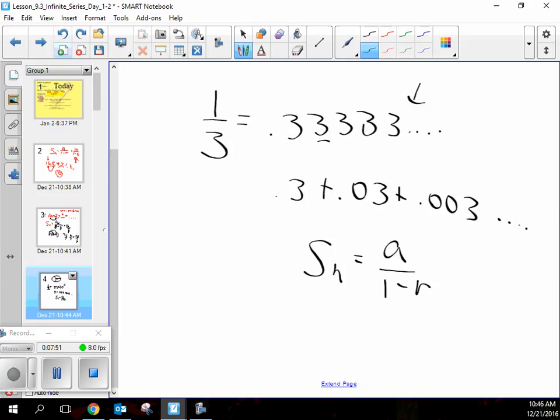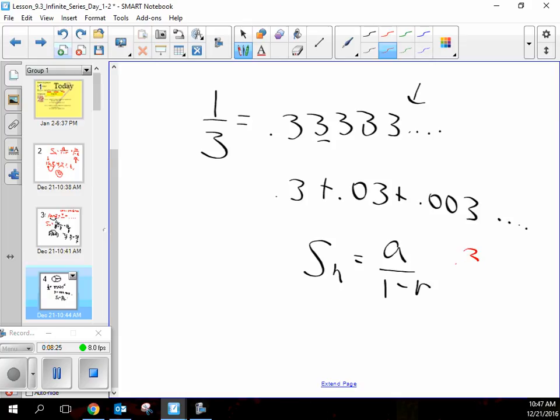Please use that to prove that 0.3 repeating really comes out to 1/3. It's an infinite sum of little things, yet it comes out to something whole.